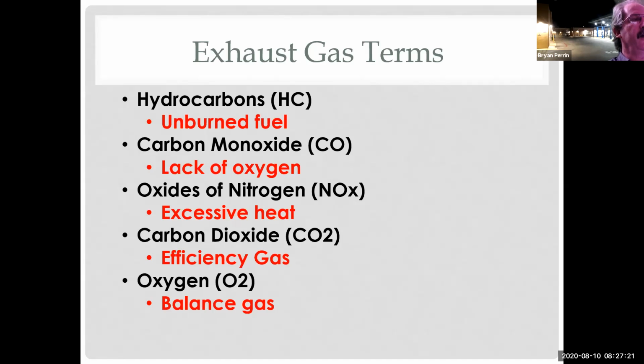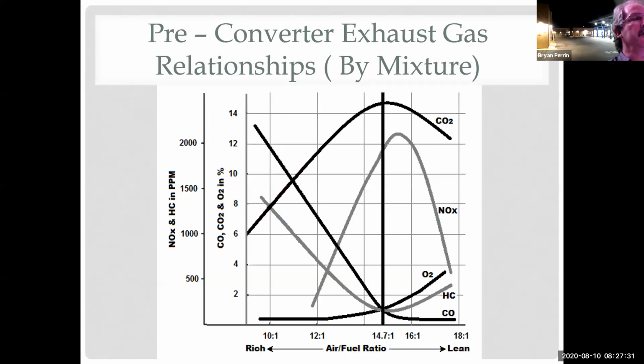This is something you guys need to learn. You should also understand the relationship of emissions to mixture, and this chart is a great way of learning this. This is about engine output emissions, and we see our CO2, NOx, CO, O2, and HC.